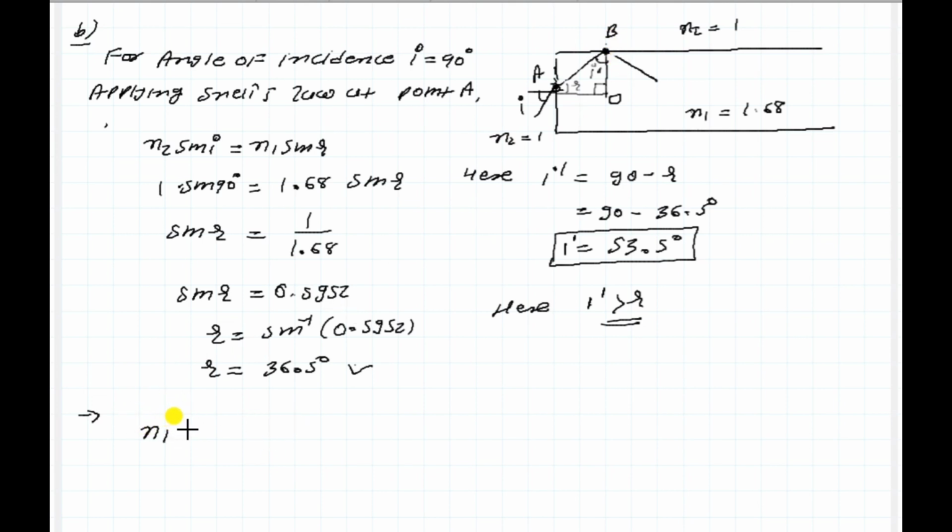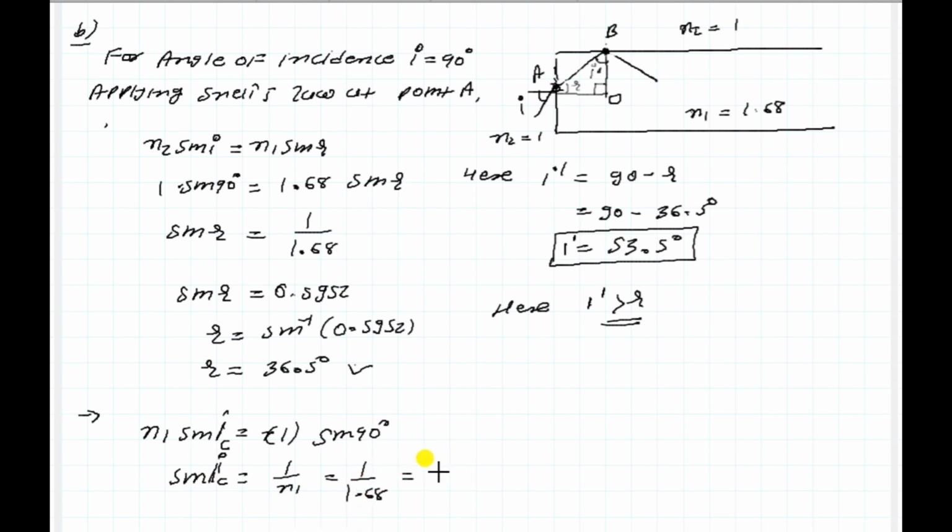So n1 sin I dash is equal to n2, which is 1 here, and angle of refraction is 90, so sin I dash is 1 over n1. We denote the critical angle by IC. n1 is 1.68, so 1 over 1.68.